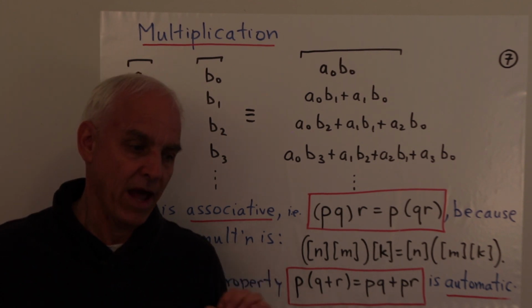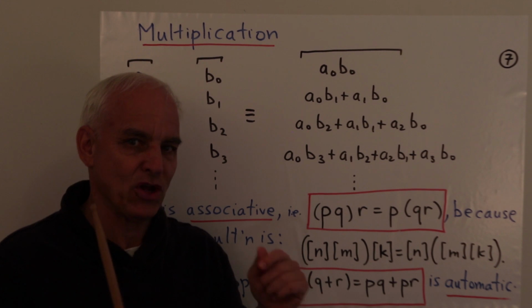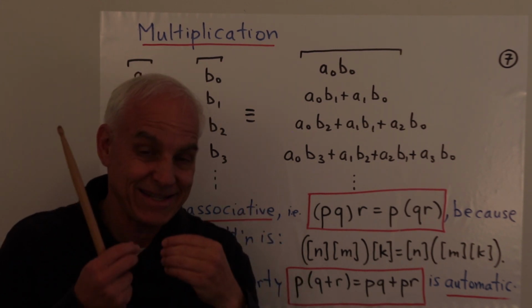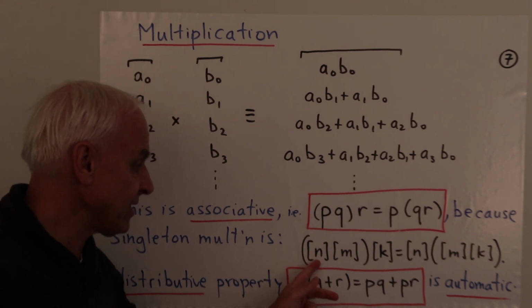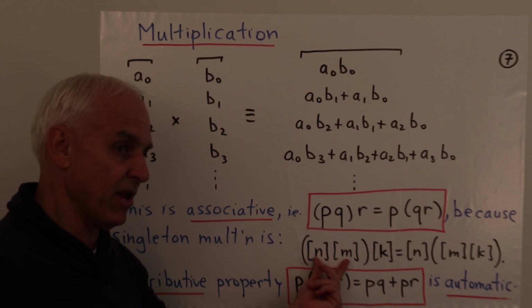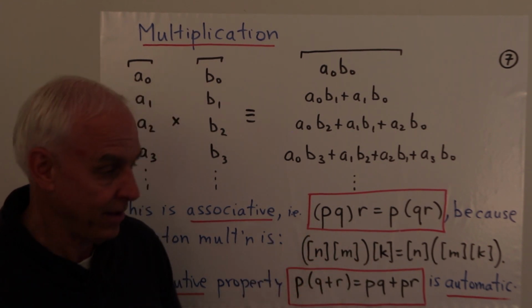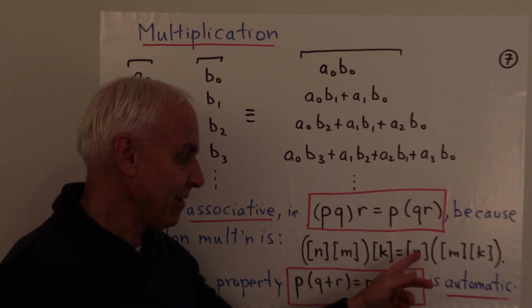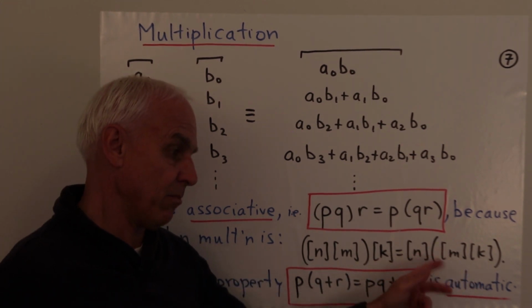The reason for that is because the fundamental multiplication of singletons, just at the singleton level, is associative. The singleton n times the singleton m times the singleton k: this is going to be n plus m, and then when you multiply it by that, you're going to get n plus m plus k. But that's the same as multiplying the singleton n by the product here. This is m plus k, and this is n plus m plus k.